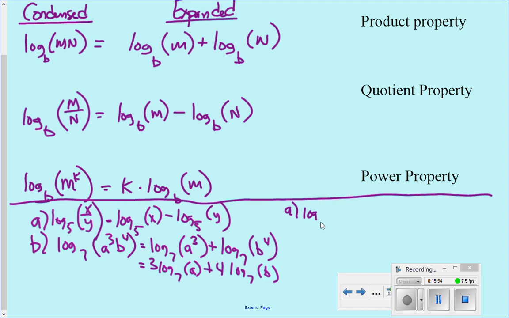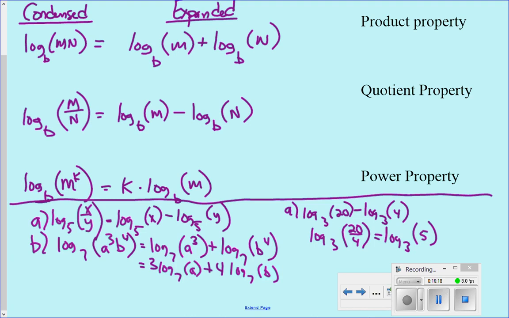So log base 3 of 20 minus log base 3 of 4. And I have to apply the quotient property here. So that means log base 3 of 20/4. And 20/4, of course, is 5. So my answer is the log base 3 of 5.